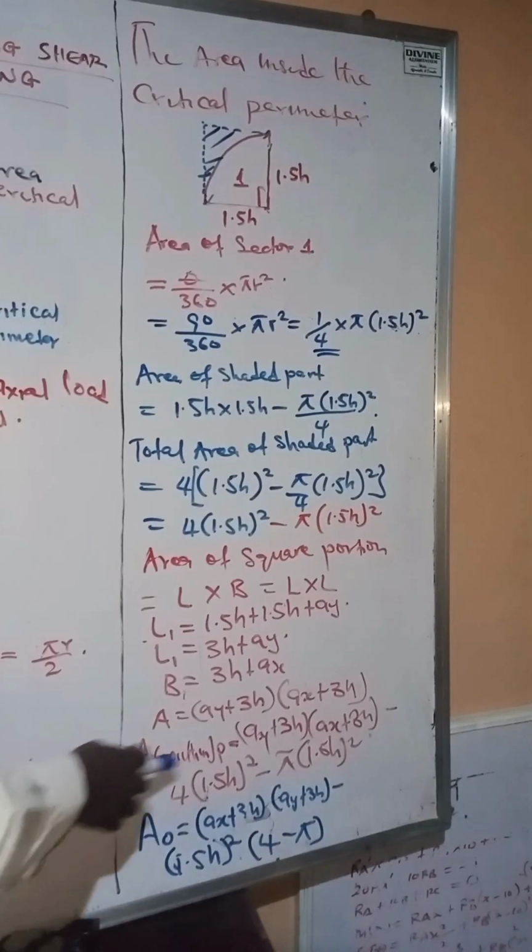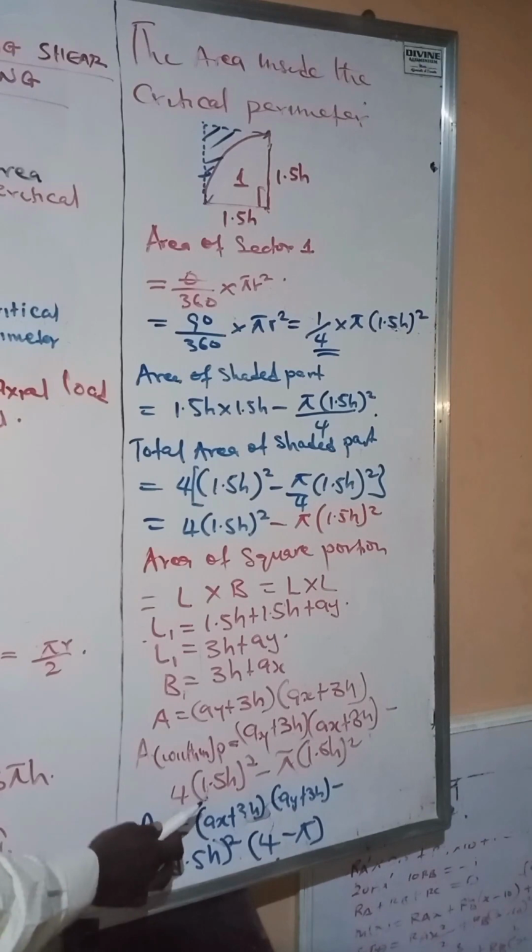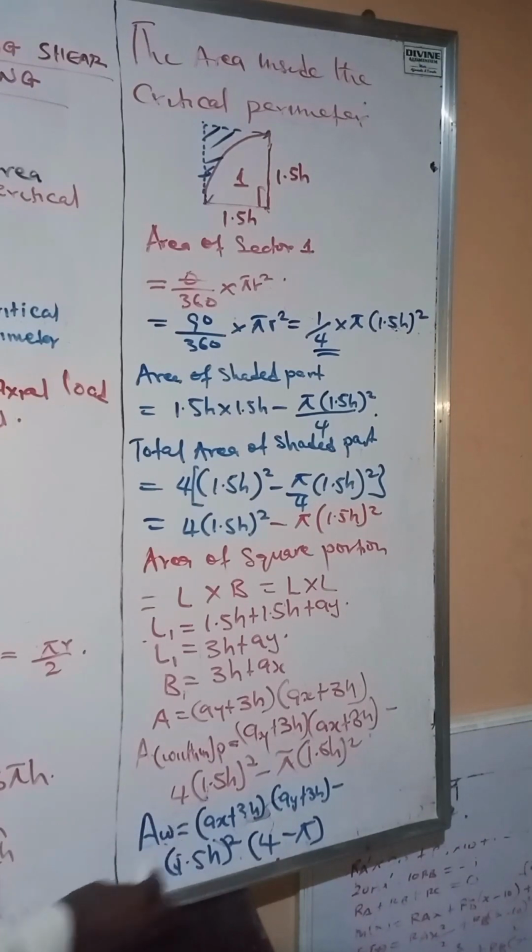Simplify it, the area within the critical perimeter, so this gives us, let's call it area W. It becomes the area within the critical perimeter. We'll simplify it further. So that gives us the area inside the critical perimeter.